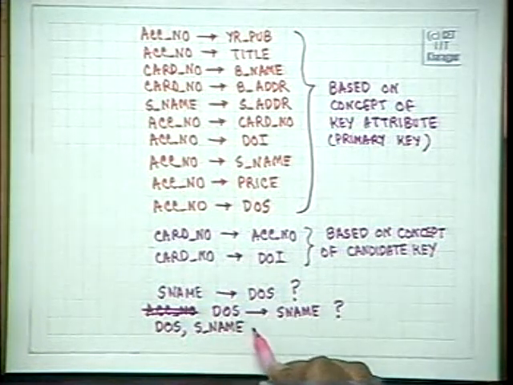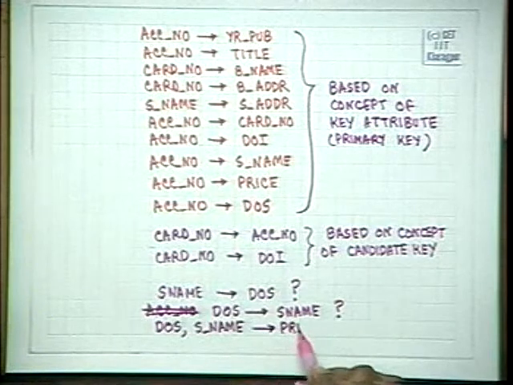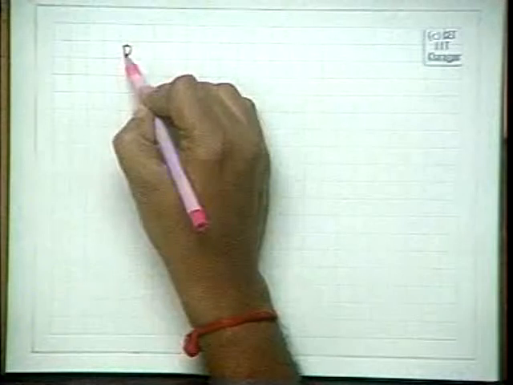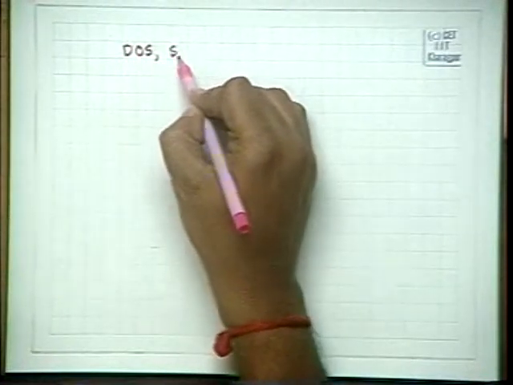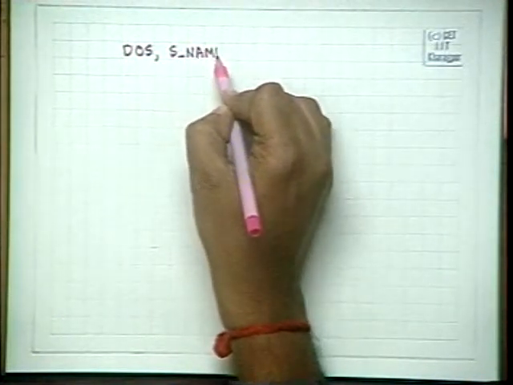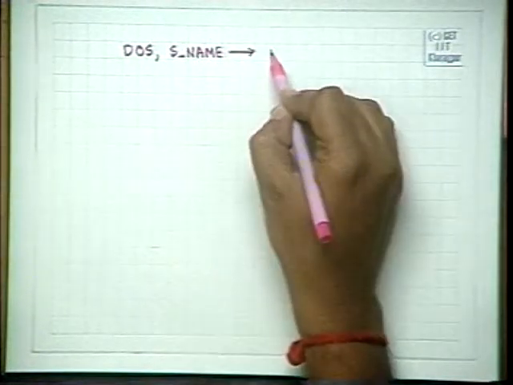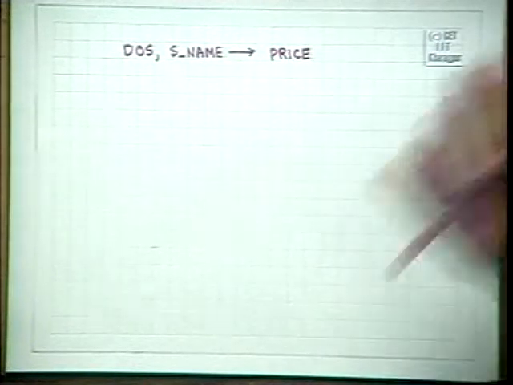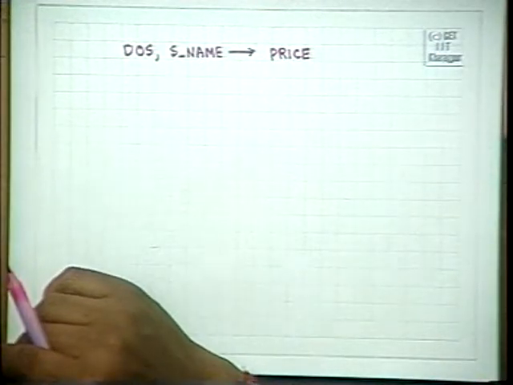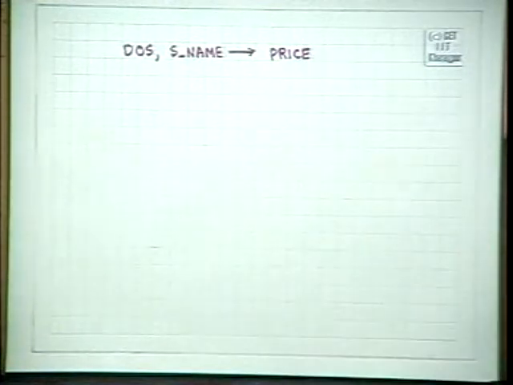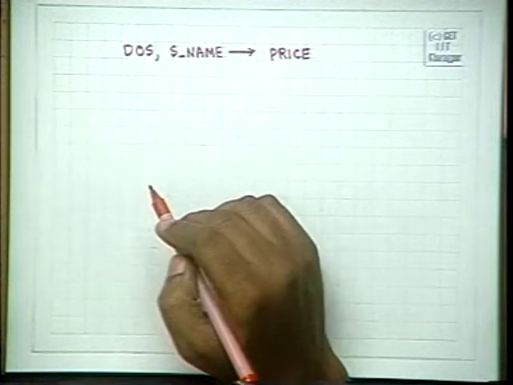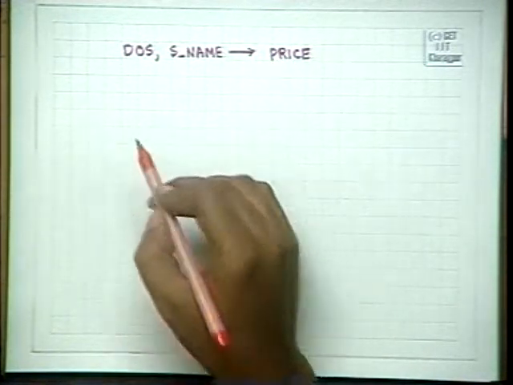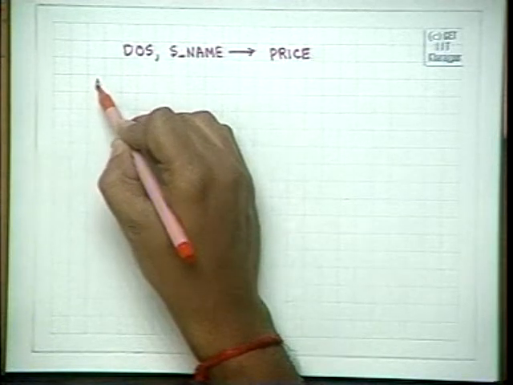I'll write it out carefully. What does this mean? One supplier supplies books of the same price on the same day.